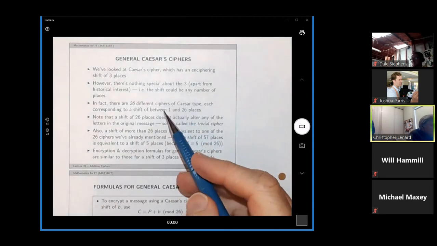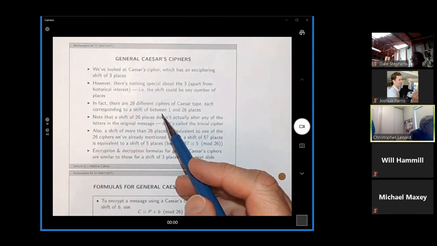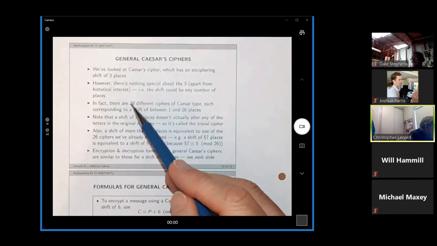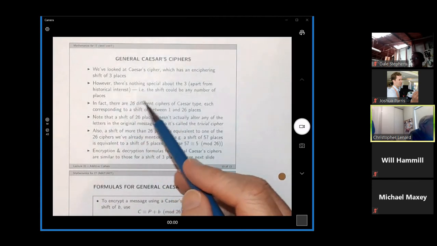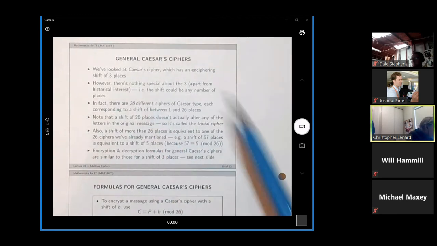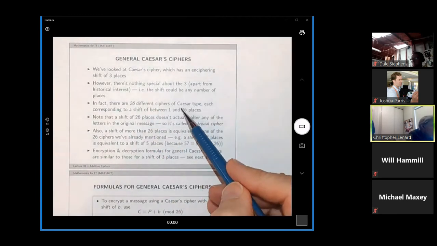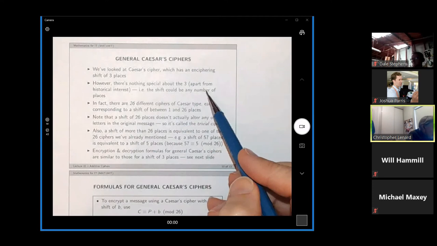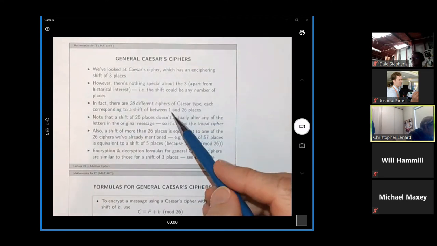But you could shift forward 1 spot, or 10 spots, or 11 spots, or 25 spots, or you could shift back 3, or you could shift back 7. So there are actually 26 different ciphers of this Caesar type. And when we say a Caesar type cipher, we mean shifting forward or backwards to encrypt and decrypt.